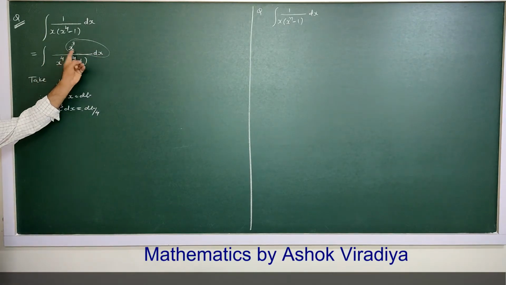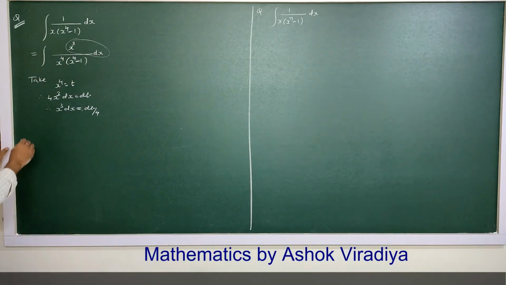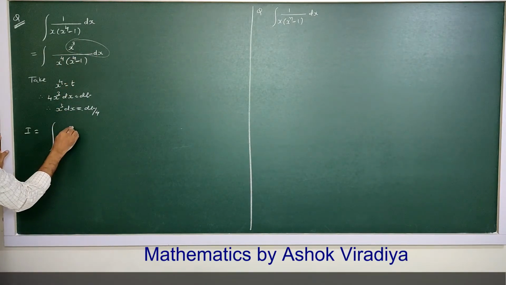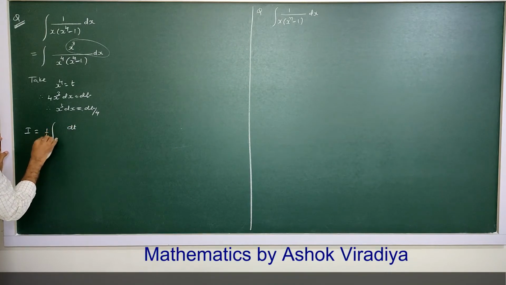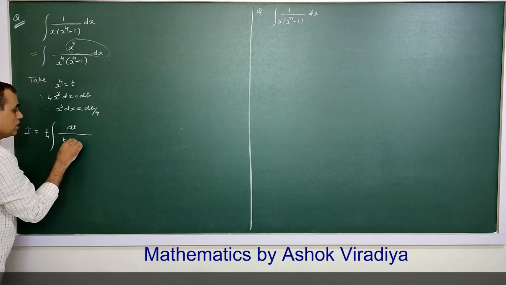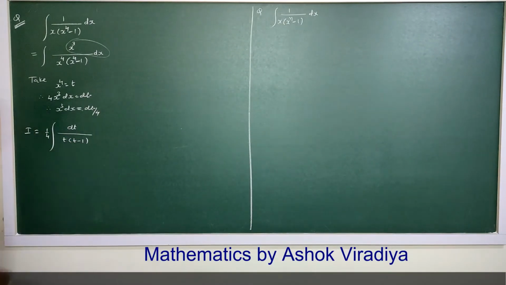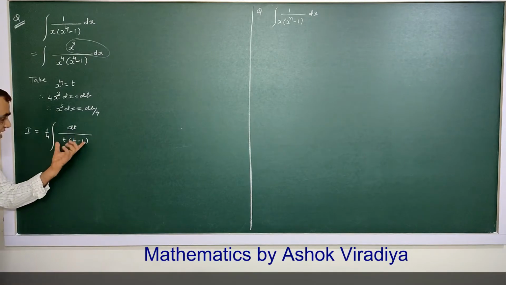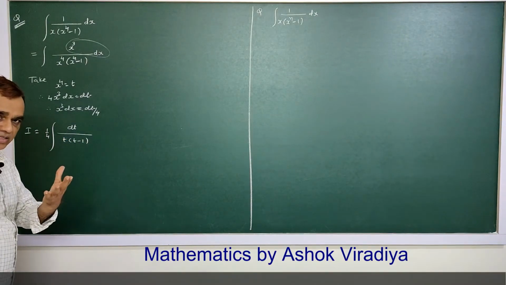So here we keep dt by 4. So the integral is x cube dx, which is dt by 4, upon t into t minus 1. Now this can be integrated easily.